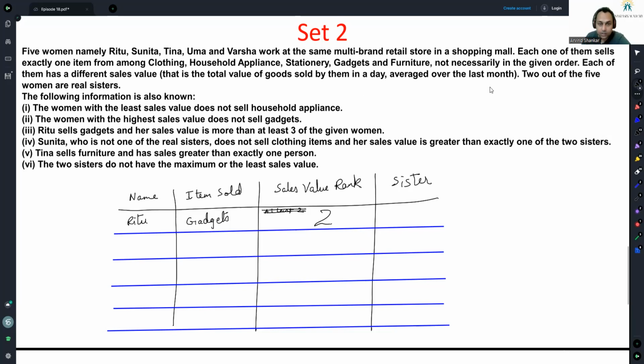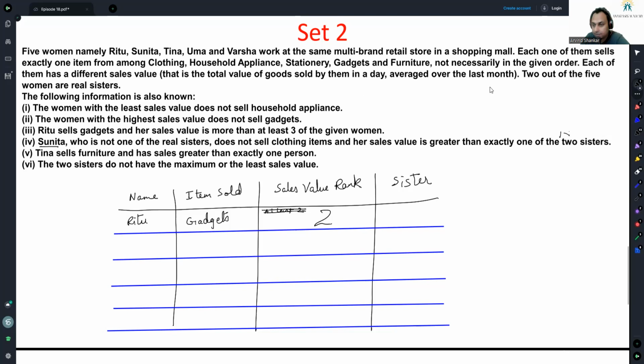Done. Next, Ritu sells, this we have done. Sunita, who is not one of the real sisters, does not sell clothing items and her sales value is greater than exactly one of the sisters. Can't really record anything because nothing is mentioned here later. But what can I say about Sunita?